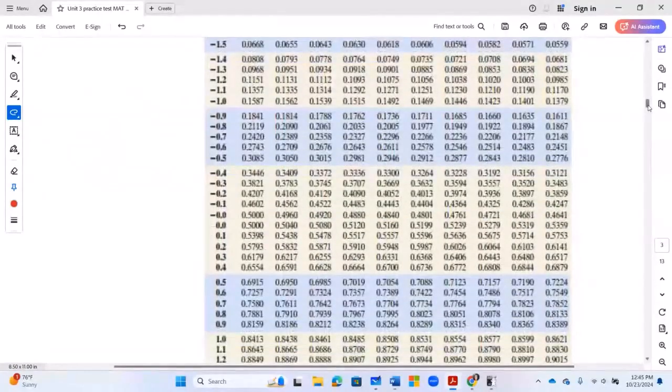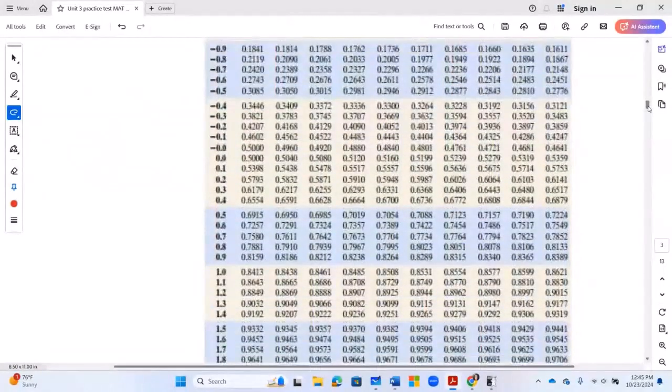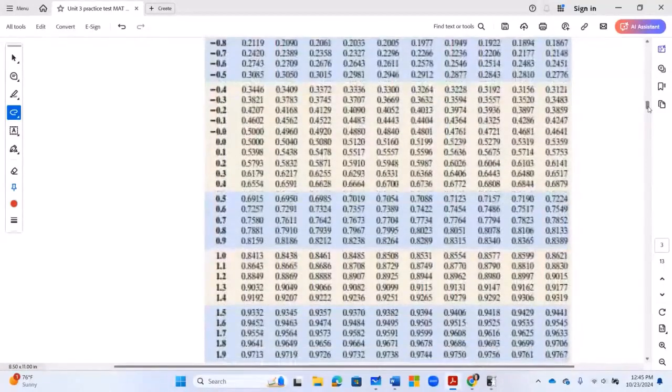So I can really go and find the negative 0.1. Since I see negative 0.1 here, I will arrow to the right. I'm going to use my pen. So negative 0.1, I'm reading the chart. So 0.10, 11, 12, 15, 16, 17, 18.